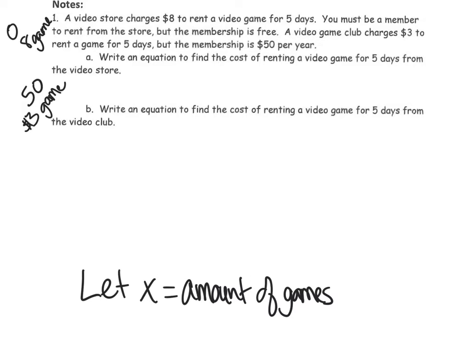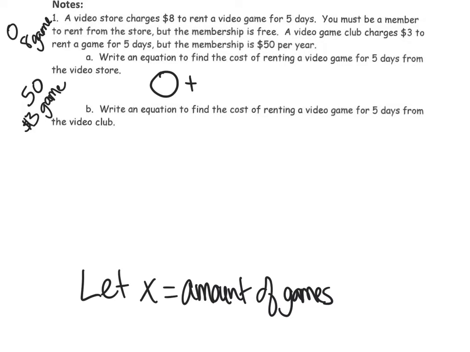Okay, let's go to A. Write an equation to find the cost of renting a video game for 5 days from the video store. The video store is the first sentence. Free membership, but it's $8 every game. Okay, I will start it, and I will tell you the easy part. It's $0 plus.